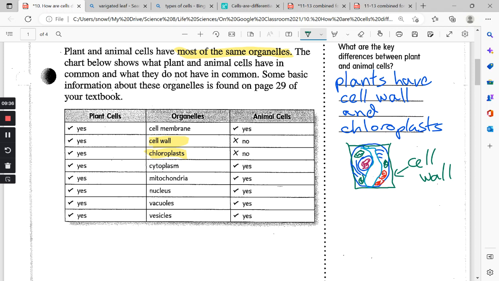Again, we think that they probably were free-living bacteria at some point, and then somehow they got stuck inside this cell. And they continued with the cell as it evolved. So there they are, green. And yes, chloro means green. So this is what makes plants green.